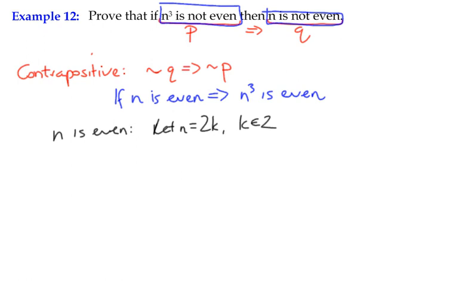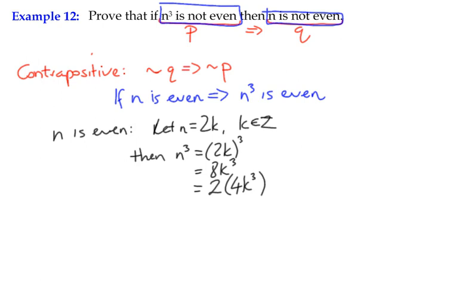So if n is 2k, then n cubed is going to be 2k cubed, which can be written as 8k cubed. And we're trying to determine whether it is even or odd, so we can write 8k cubed with a common factor of 2, which is good enough for us to imply that it's an even number.